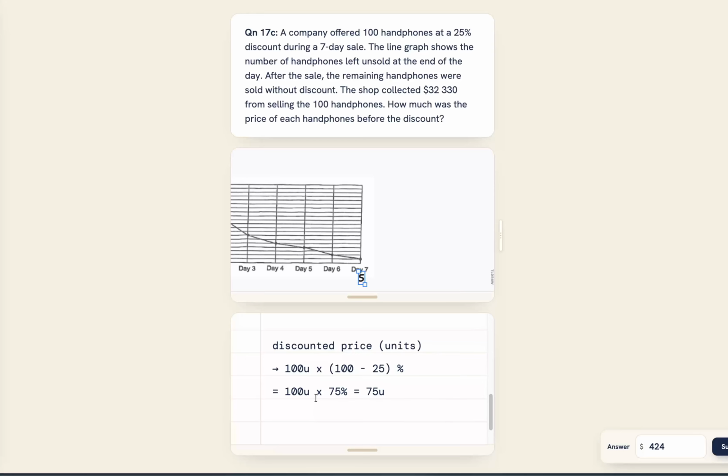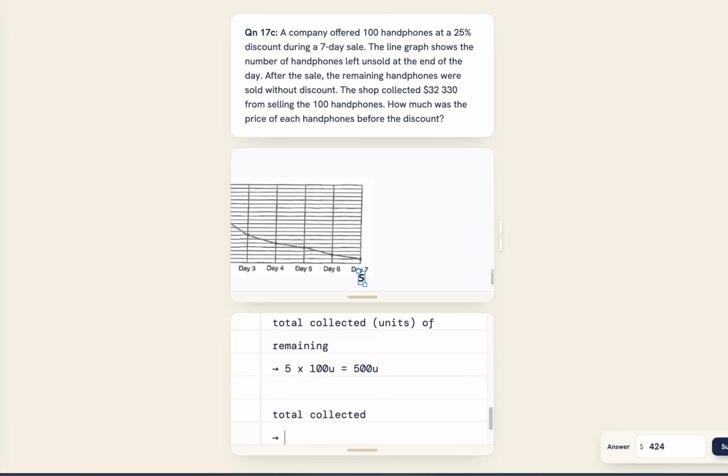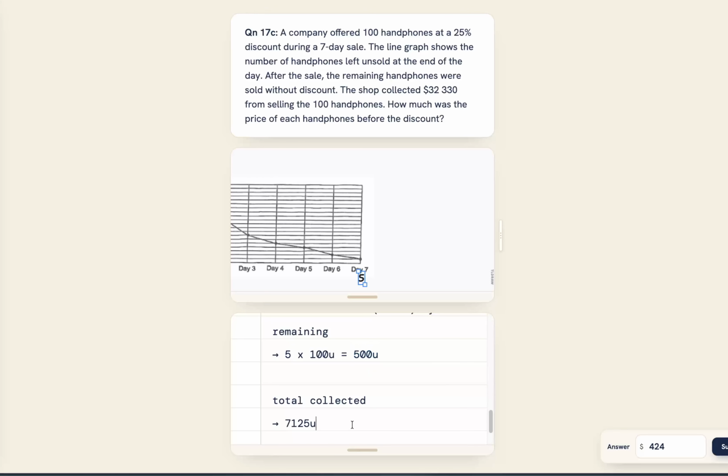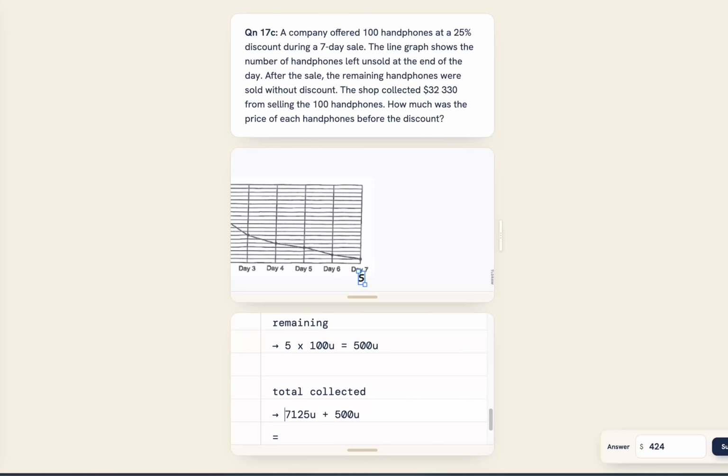So the total collected in units of the 7-day sale will be 95 times 75 units, and this will be equal to 7,125 units. So the total collected in units of the remaining will be 5 times 100 units, which is 500 units. Therefore, the total collected will be 7,125 units plus 500 units, which is 7,625 units.